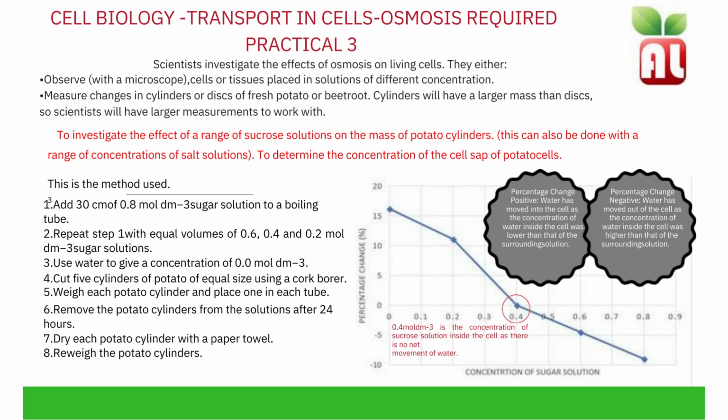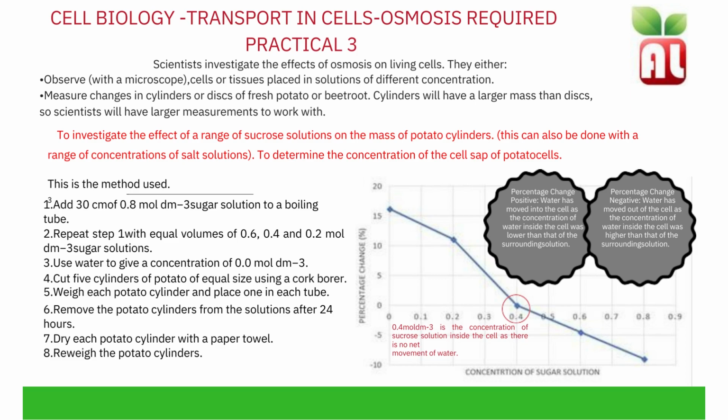If there is a positive percentage change in mass, water has moved into the cell as the concentration of water inside the cell was lower than that of the surrounding solution. If the percentage change is negative, water has moved out of the cell as the concentration of water inside the cell was higher than that of the surrounding solution.